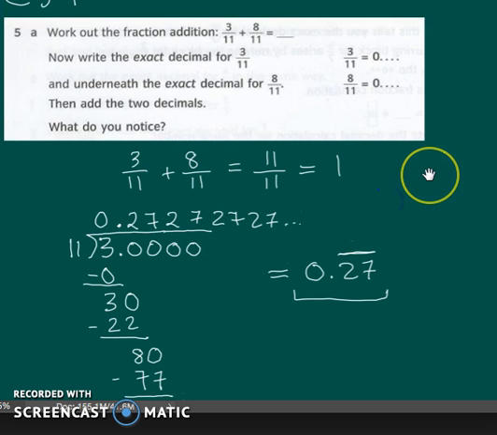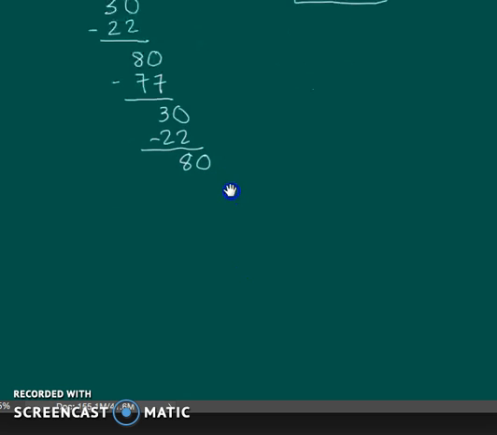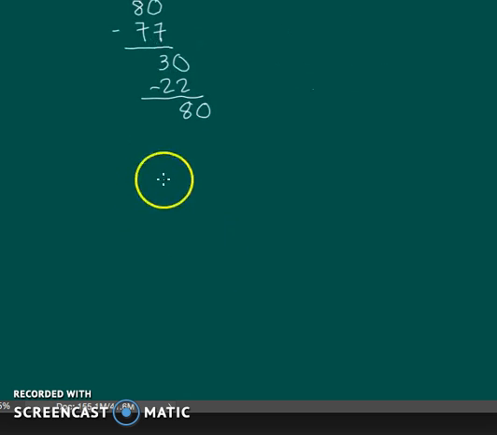Now let us find the decimal for 8 over 11. So we're going to do the same thing. I will divide 8 by 11. I'll add a bunch of decimal zeros. How many times does 11 go into 8? 0 times. 0 times 11 is 0.